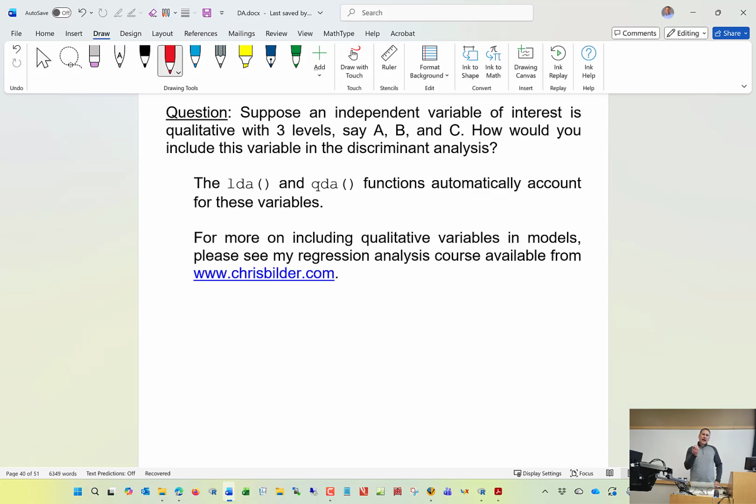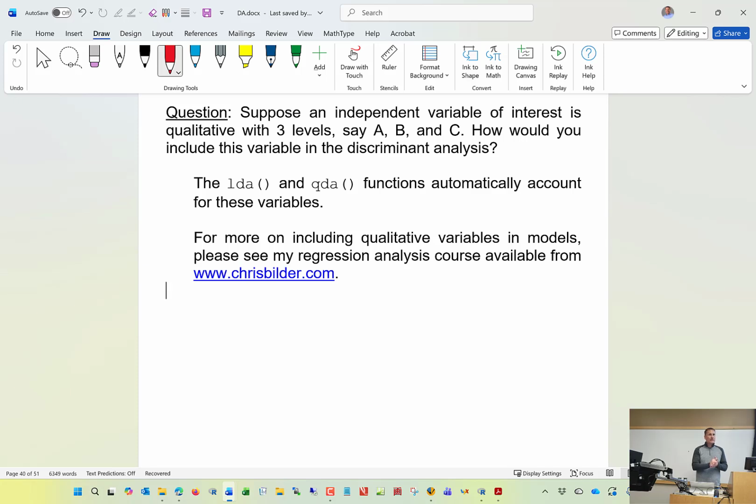How do you think that would be included? Think of the matrix algebra calculations that are being done there. You can't put an A, B, and C in a matrix or a vector and do some kind of math with it. How do you think one would account for this in a discriminant analysis?